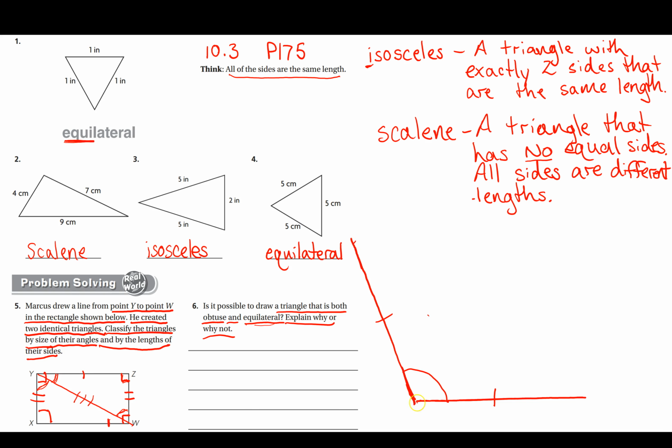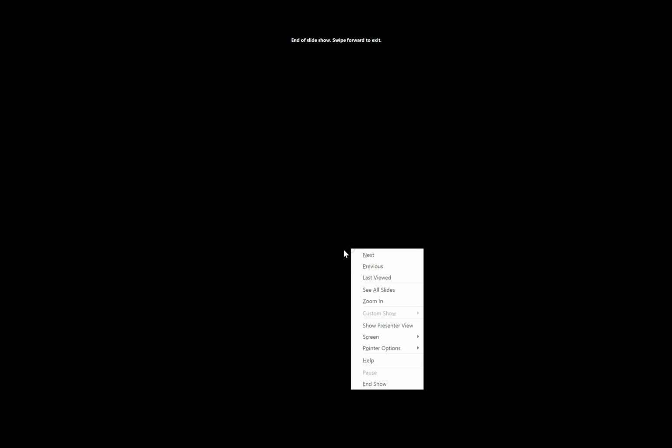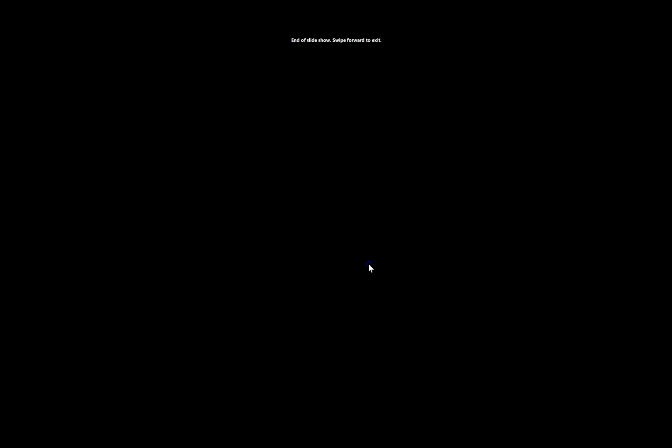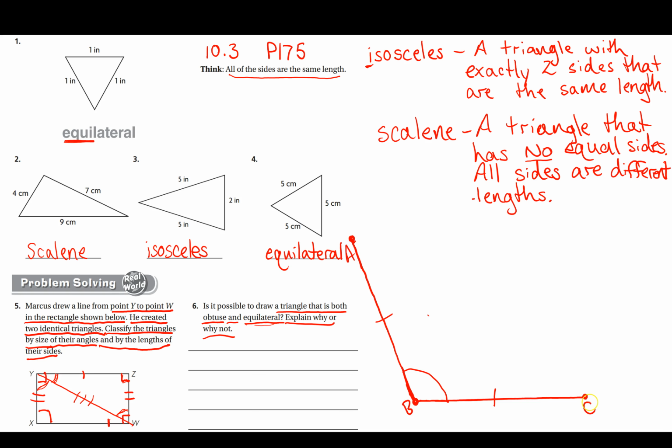Now I just need to close this triangle up, and I need to make sure that the line that connects these two points here, let's label our triangle. We have point A here. We'll say this is point B, and this is point C. So angle ABC is obtuse. Line segment AB is the same length as line segment BC. Now I need to connect point A to point C, but I want to make sure that it's the same length as line segment AB and line segment BC.